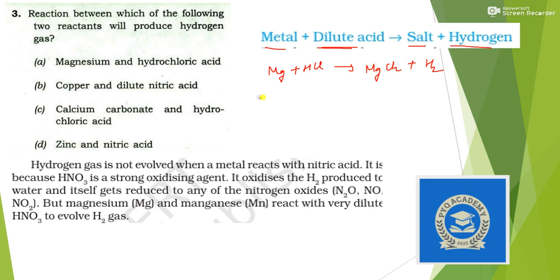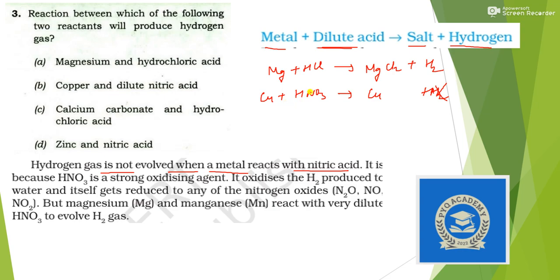Let's come to the next: copper and dilute HNO3, Cu plus HNO3. It should also produce salt and then hydrogen gas. But another statement is given in NCERT that hydrogen gas is not evolved when a metal reacts with nitric acid. So this hydrogen gas will not be formed.